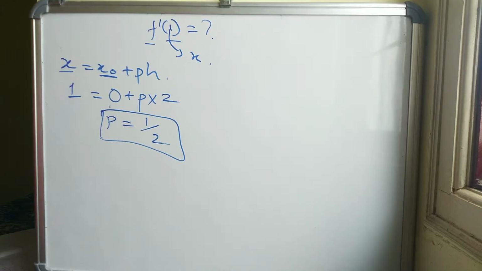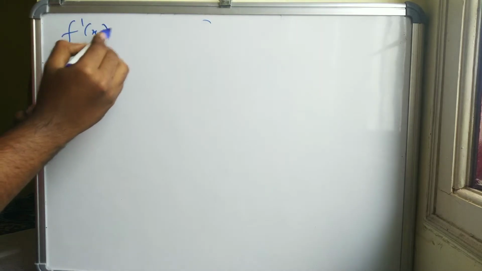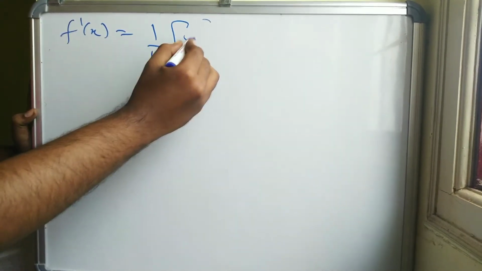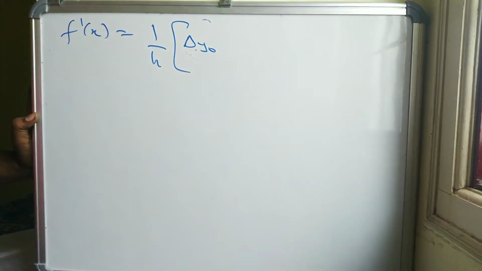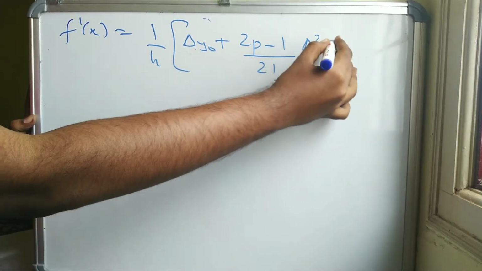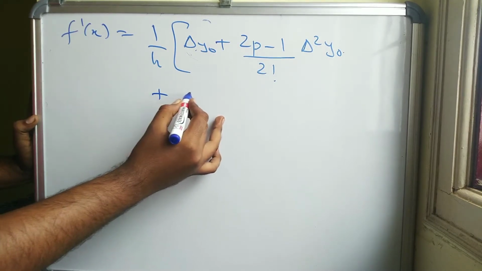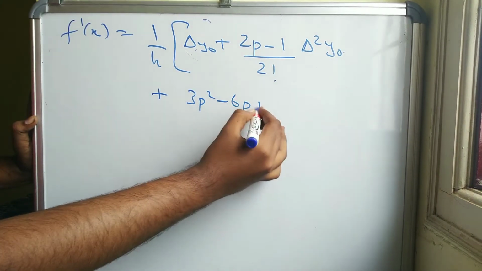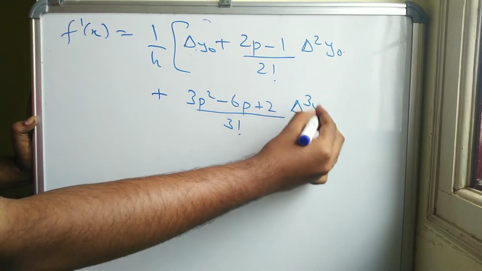Next we have to just substitute this value in the formula. So the formula is f dash of x is equal to 1 by h into y naught delta y naught plus 2p minus 1 by 2 factorial into delta square y naught plus 3p square minus 6p plus 2 by 3 factorial into delta cube y naught.